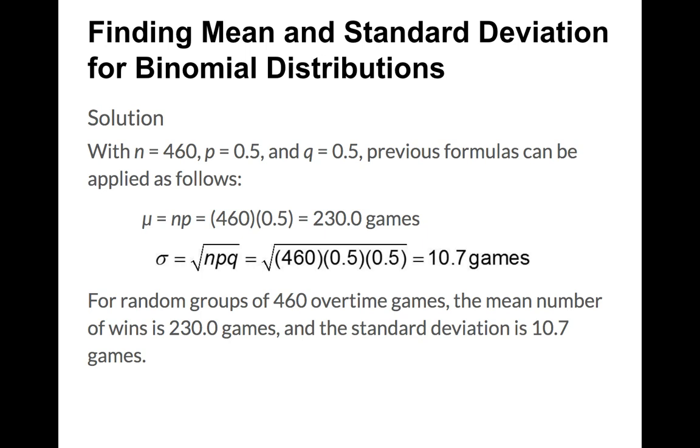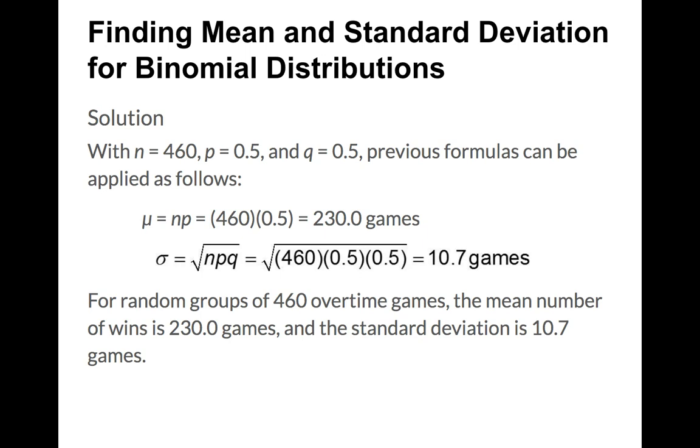And so what I mean by this is if we were able to simulate 460 games, all being overtime games, over and over and over again. So those 460 games create one occurrence. And if we do that tons and tons of times, the number of people who won the coin toss and won the game, those would be our data points.